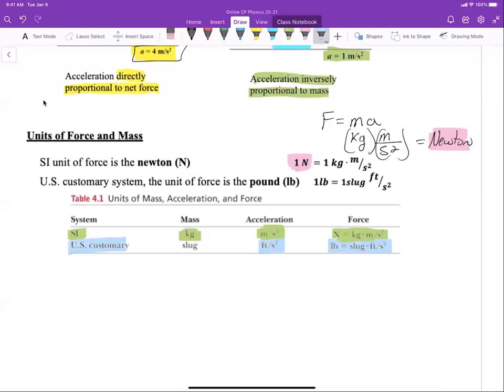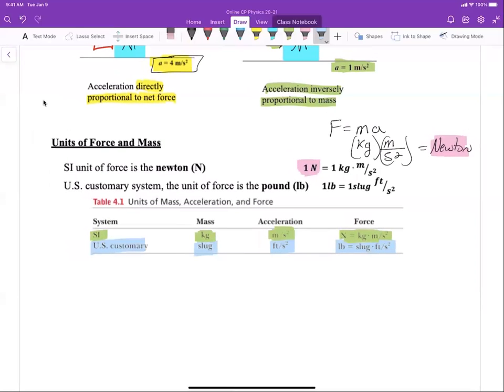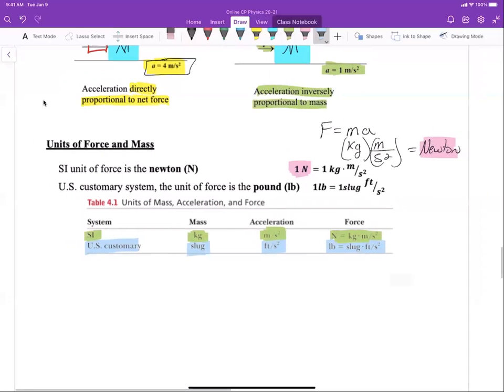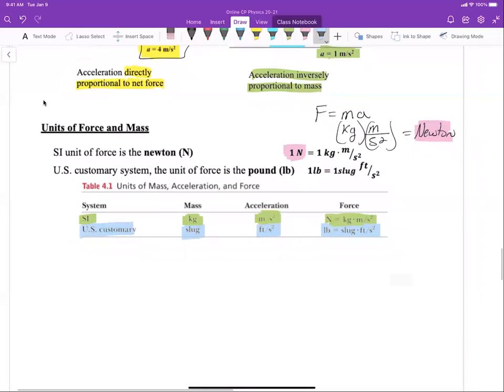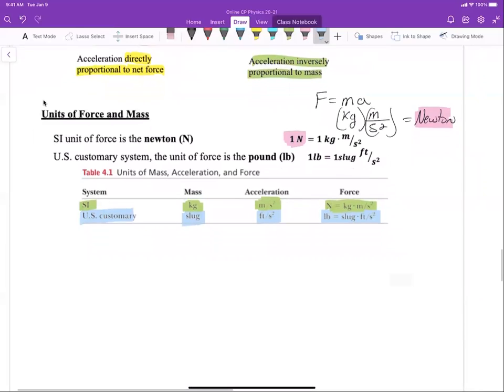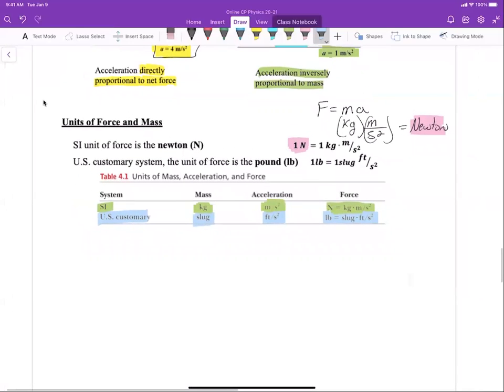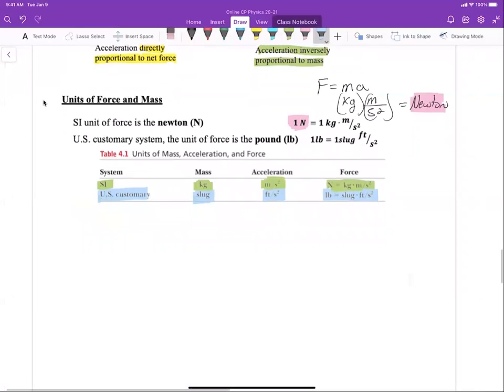When you step on a scale in the bathroom, you're actually determining the amount of force that you are putting on the scale. And that is related to your mass. In the US, mass is actually measured in slugs. Probably a little fun fact that you never use. Mass in the US is considered a slug. We never talk about that, but nevertheless, pound is not a measure of your mass. It is a measure of the force that you are exerting on the floor, for example.